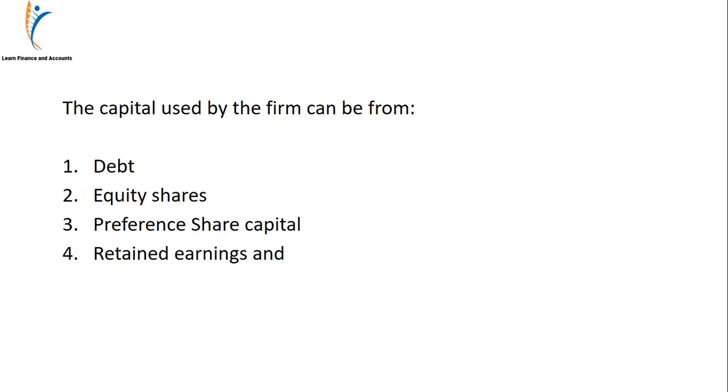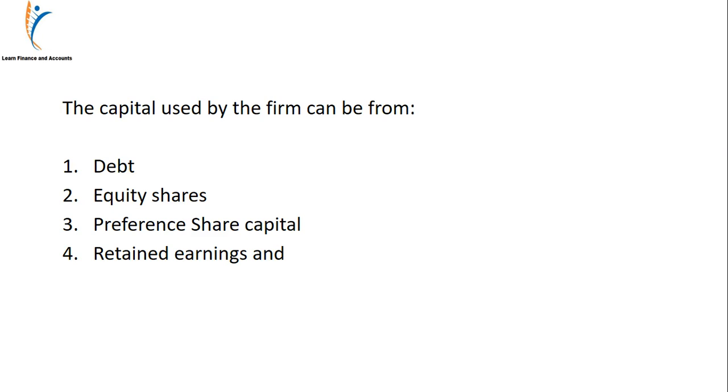The second source is known as equity shares. We also call this equity share capital, ESC. Now, what is equity shares? See, when a company requires money, the promoters of the company can put in money from their own pocket, or they can ask a friend or relative to join their business, become a partner, and the partners can put in their own money.